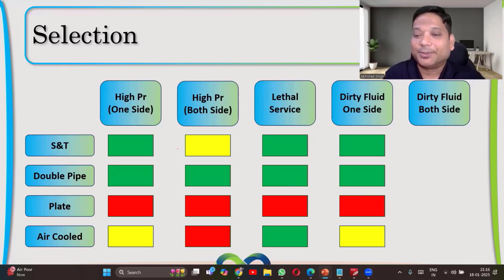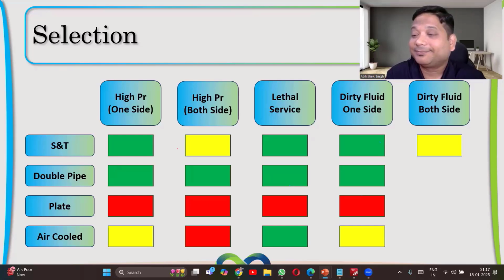Okay. So option is available. I can select the type in shell and tube. For fixed type and U type, it may be a problematic thing. Considering if I'm selecting floating, it will become green. So considering all the types, we are keeping it as yellow.